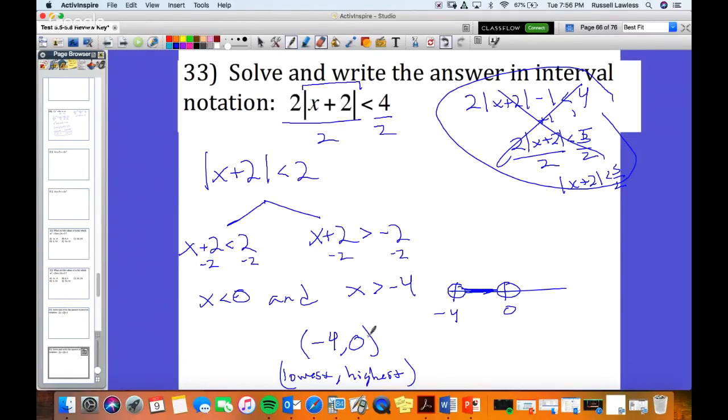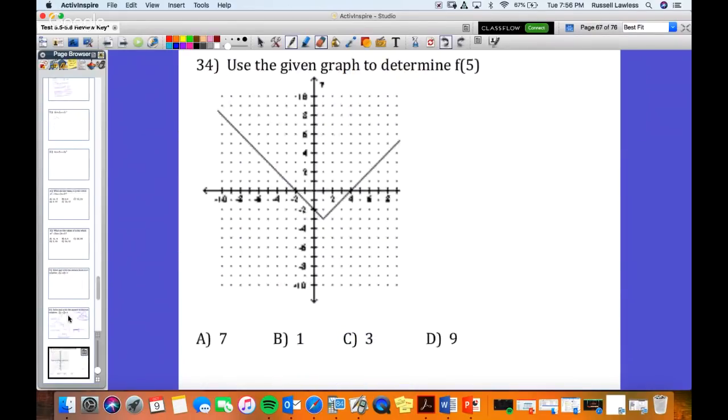Now, if I'm looking at something like 34, essentially we're trying to determine f of 5. These things are easy. What f of 5 is, you're going to go to the 5 here. Remember that this is function notation. This is your x value, so whatever x value you get, what is your y?